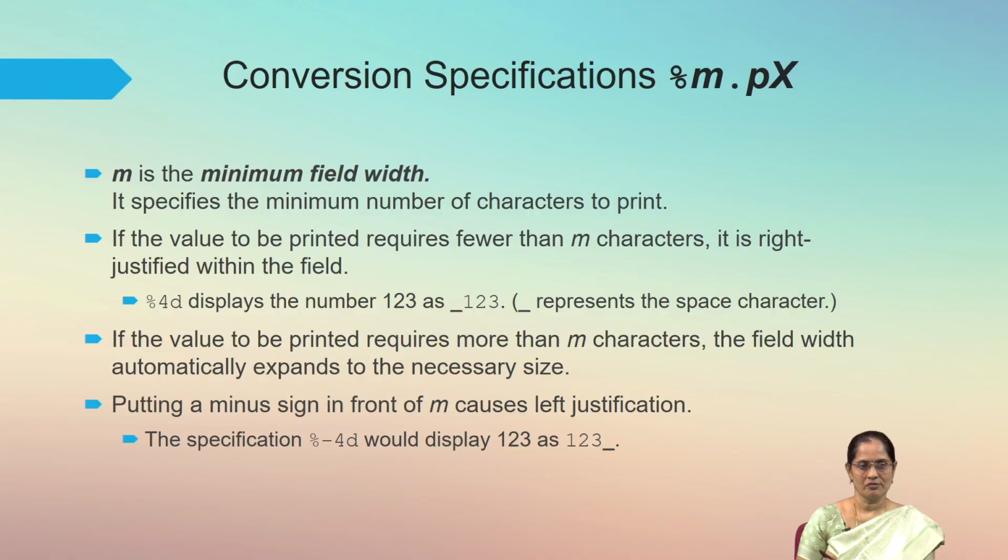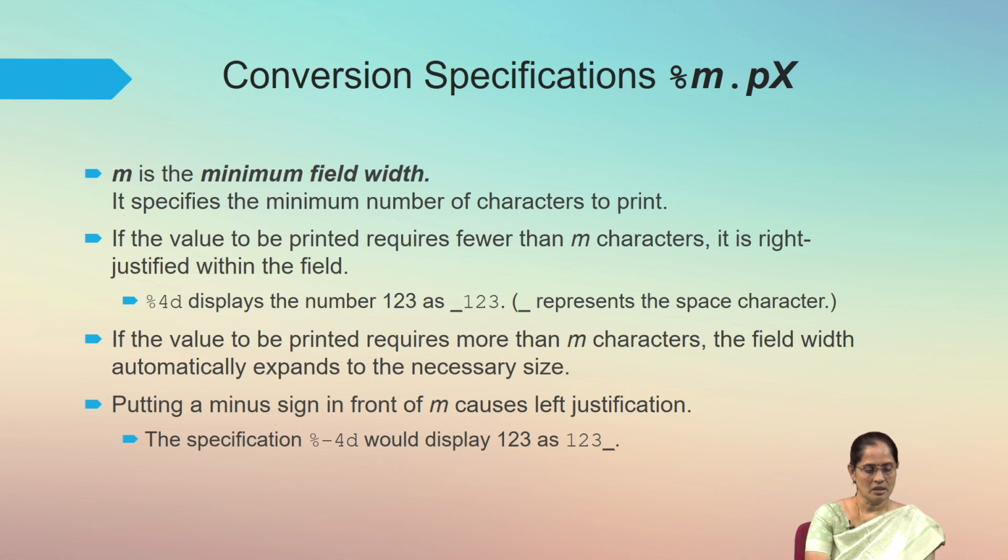m is the minimum field width. If you are specifying some minimum field width, the value that has to be displayed has to fit into that field width. If it is not able to fit into that field width, automatically it will expand the field width.